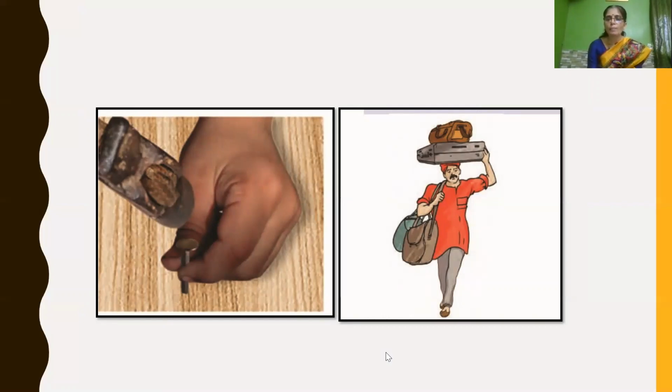And in the same way, porters carrying heavy loads roll a cloth widely and keep it on their head. On the cloth they keep the load, isn't it? Because while rolling the cloth the surface area becomes more, so more the surface area, lesser the pressure.